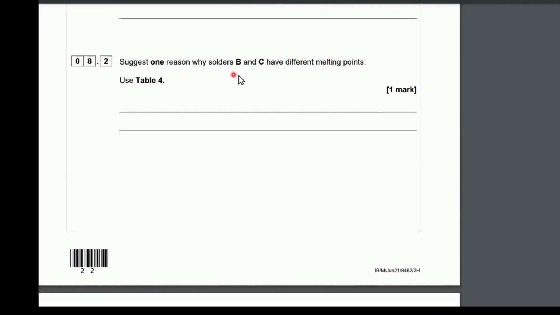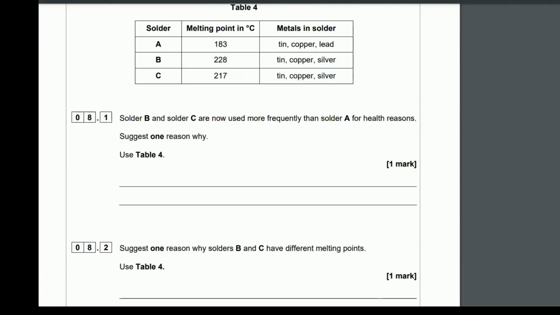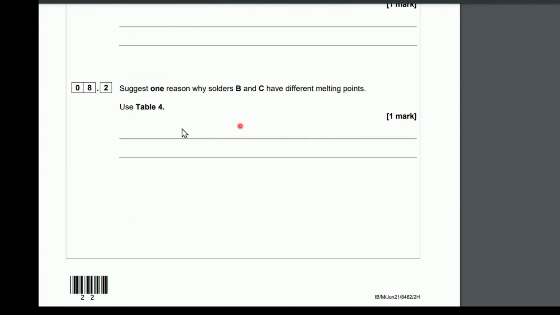8.2 suggests one reason why solders B and C have different melting points. So why do you think they have different melting points? So we've got tin, copper and silver, tin, copper and silver. So what could be different about these two, B and C? They've got different amounts of each element.